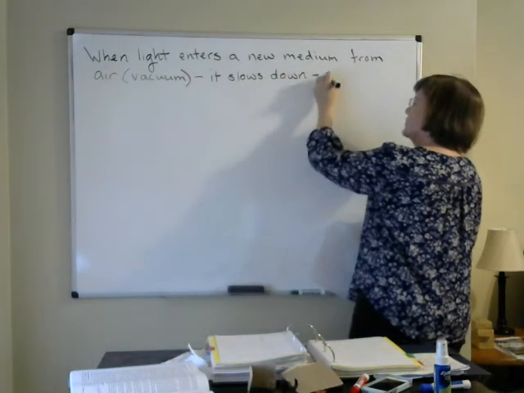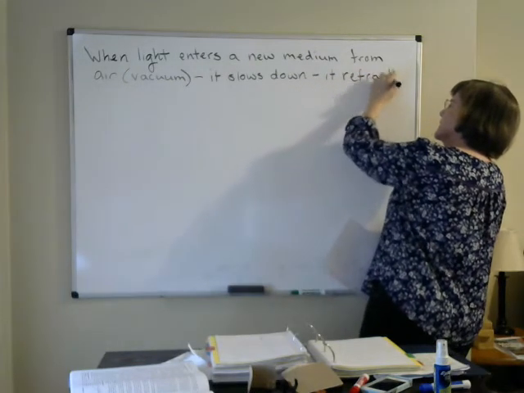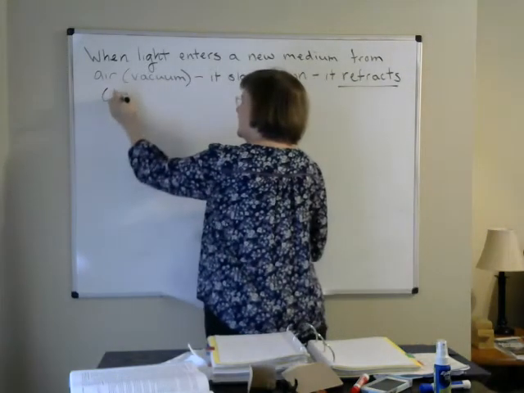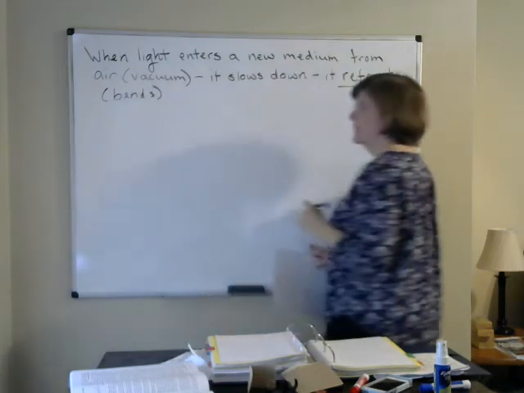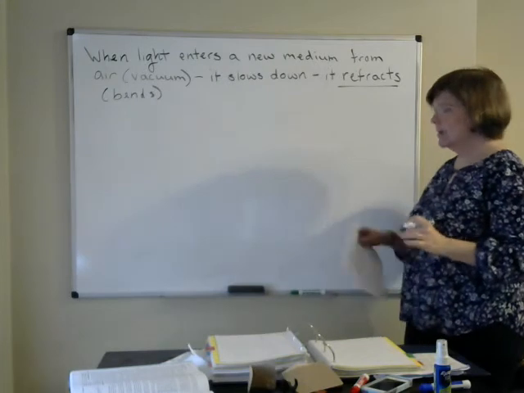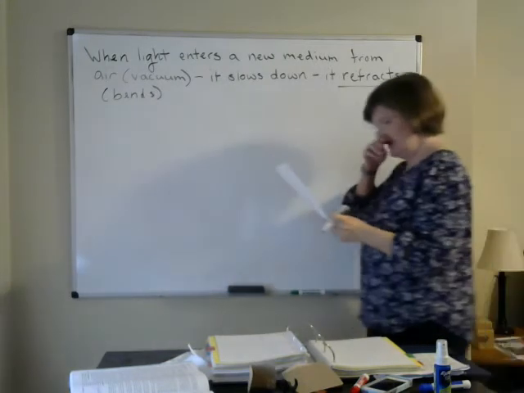And two, it refracts. Refraction is another word that means that it bends. I'm not going to spend a lot of time right this minute explaining what causes it to bend, but we can come back to that idea and discuss it.